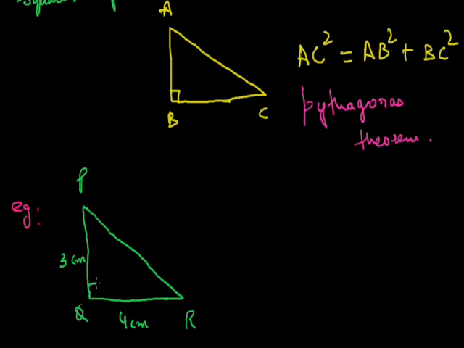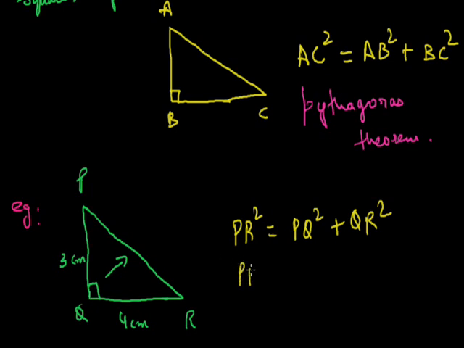And it is given that PQR is a right angle triangle at angle Q. So we can say thus PR is the hypotenuse. Therefore, PR square will be equals to PQ square plus QR square according to Pythagoras theorem.